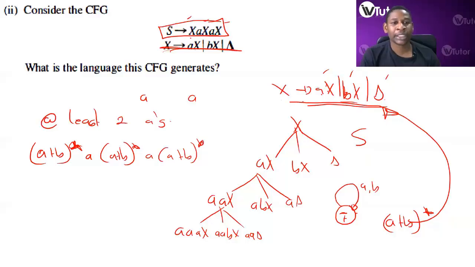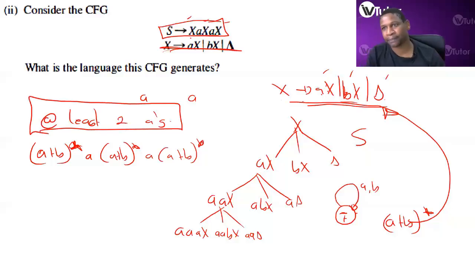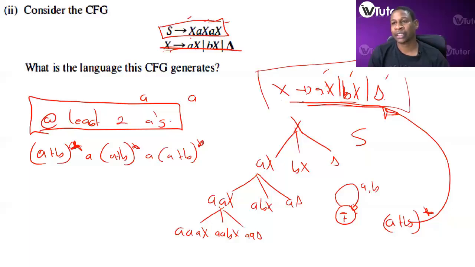If you are saying this, then it's all words with at least two A's. So this definition will suffice. Right. So if you go to chapter 13, chapter 12, right, you see examples of these small CFGs that have been interpreted that make up the bigger CFGs. All right.